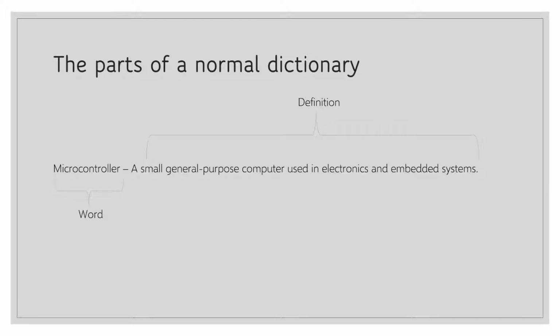Now, if we switch over to the Python version of this, you might notice a small difference. All right, so can you spot it? So nothing really changed except the words. So instead of microcontroller being the word and then a small general purpose computer used in electronics and embedded systems being the definition, microcontroller is now the key and the definition is now known as the value.